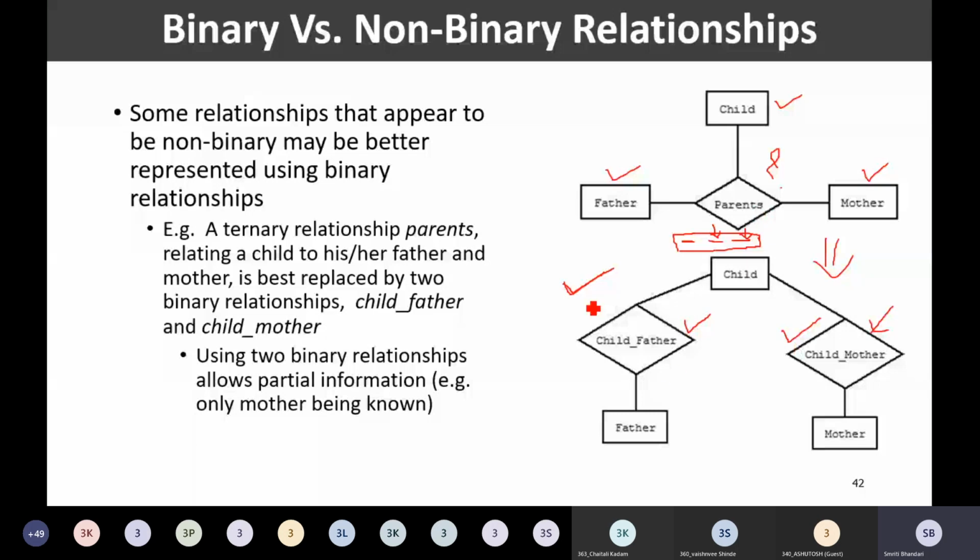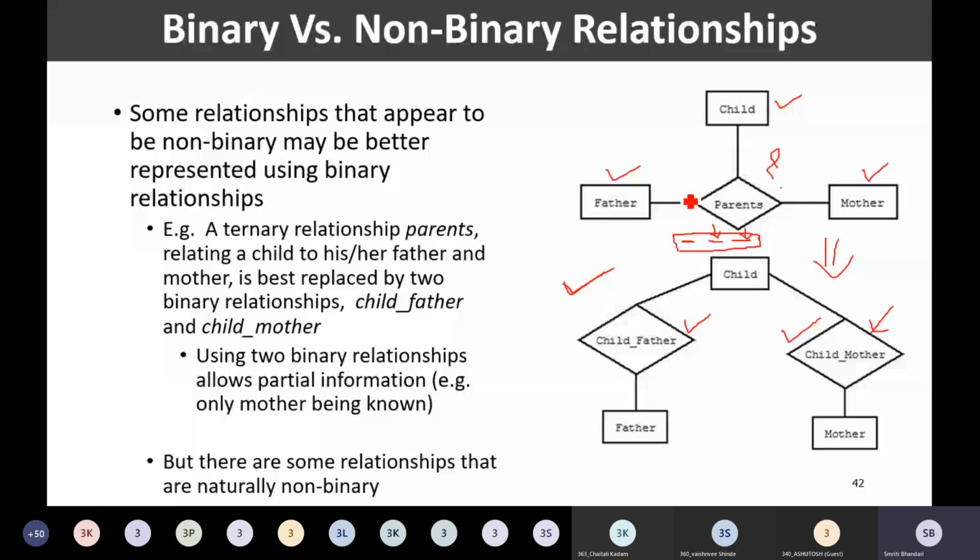So, in some scenarios, we may prefer to go with binary relationships rather than the relationships which are non-binary, which have a degree more than 2. That correct? But sometimes, depending on the application, some relationships are naturally non-binary relationships, and that is why in such scenarios we need to go with the non-binary relationships without converting them into binary ones.